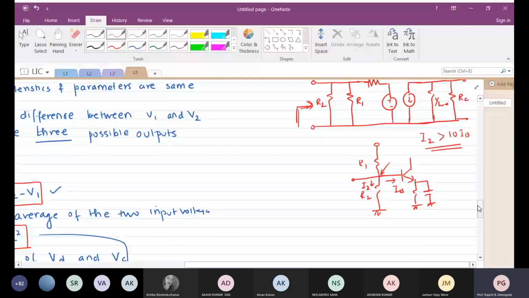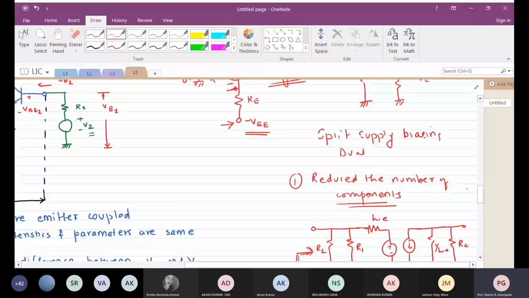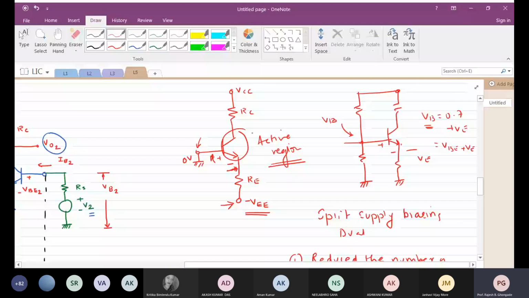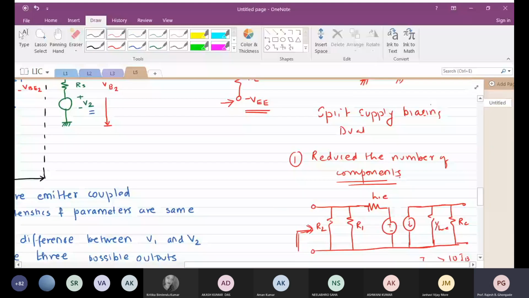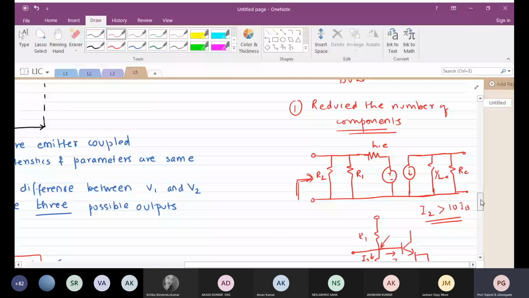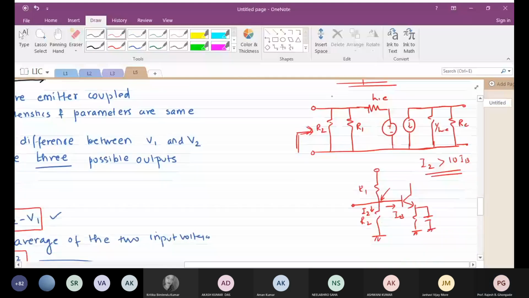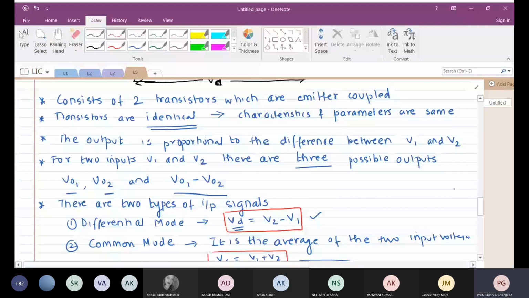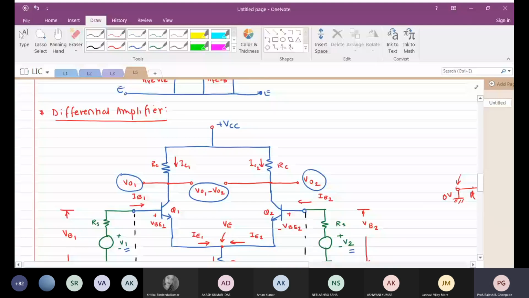So with this particular scheme, I have eliminated these two problems. That is, I have actually reduced the number of components and I have completely done away with this compromising situation. So I am expecting that since there are no R1, R2 here, the input impedance will not be compromised by an external resistor.